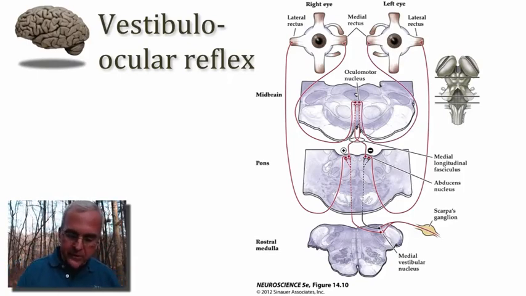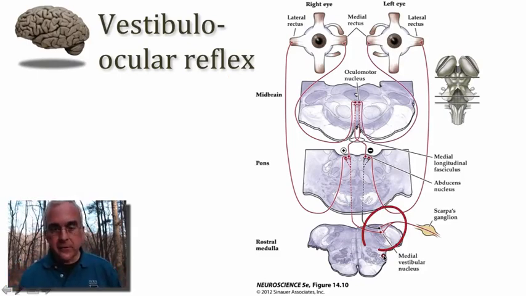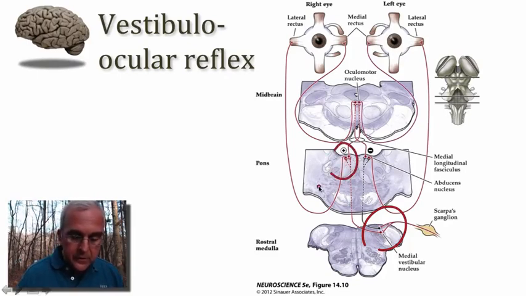Again, with activation of, let's say, ganglion neurons on the left side that innervate the horizontal canal there, we would engage a series of neurons that sit in this vestibular nuclear complex. One of these neurons is going to release an excitatory neurotransmitter in the abducens nucleus of the opposite side of the brainstem.